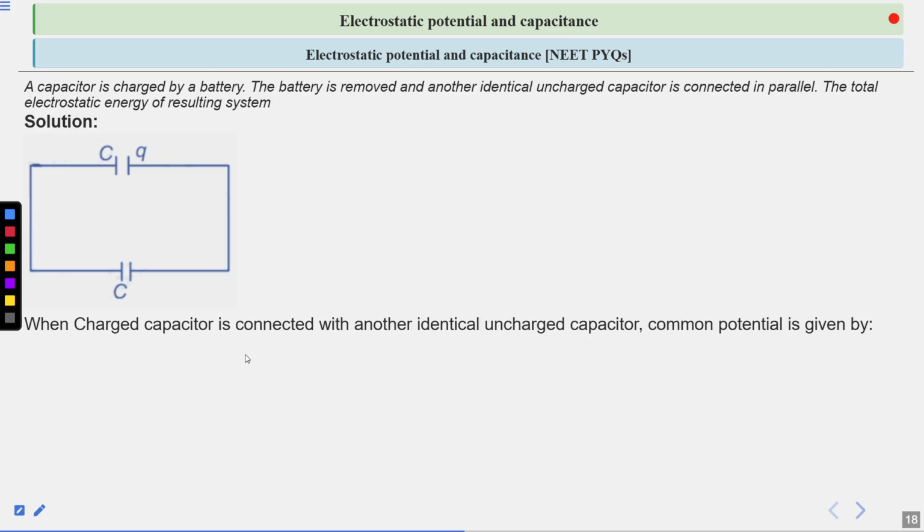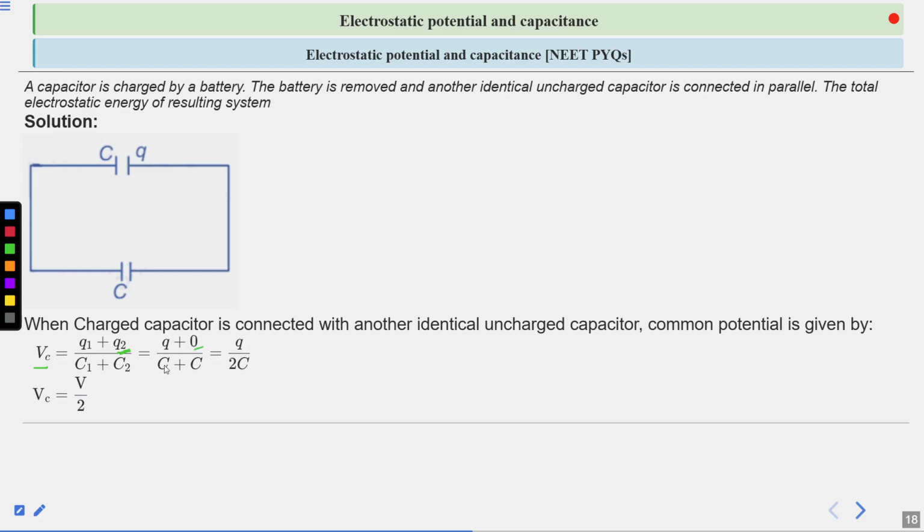So what is the common potential? When a charged capacitor is connected with another identical uncharged capacitor, the common potential is given by Vc equal to (Q1 plus Q2) upon the sum of capacitances, the total charge upon total capacitance. Initially the charge on the first capacitor is Q, and the charge on the second capacitor was 0.